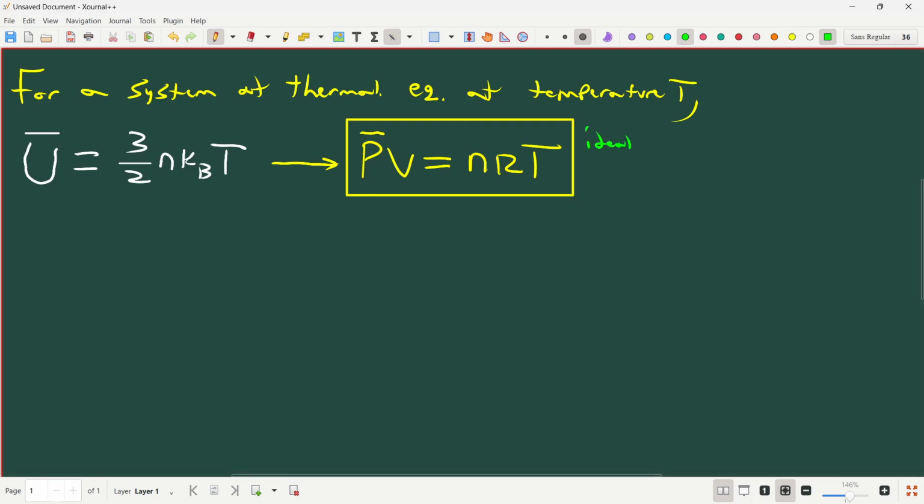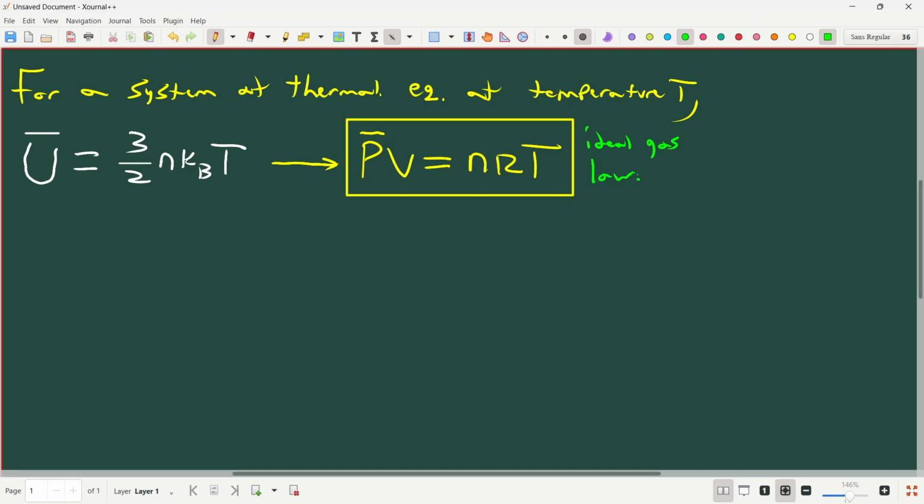And all this says is that this is just an equality between two types of energy. It says that for an ideal gas at equilibrium, at some temperature in our little equilibrated box, the amount of energy that you use to fill the box, P times V, our pressure-volume work, is equal to the amount of energy supplied by the bath, which is nRT.